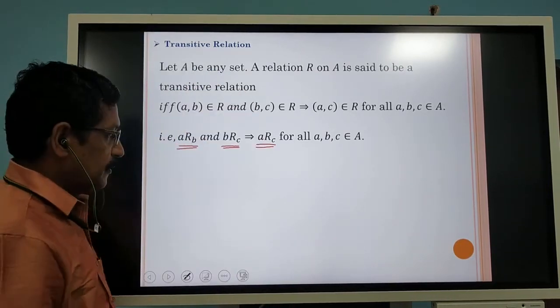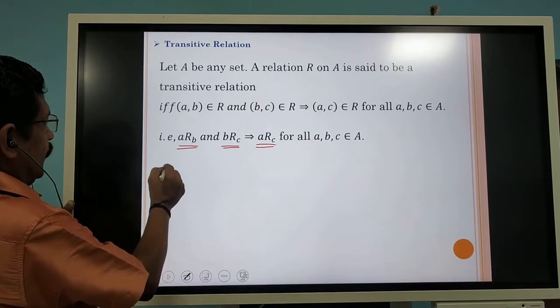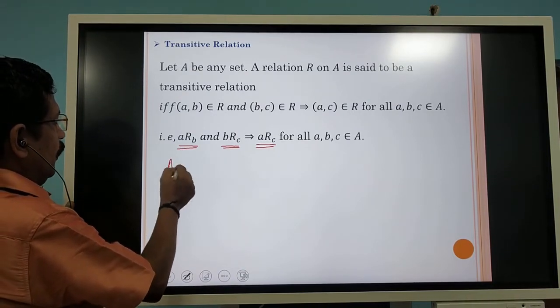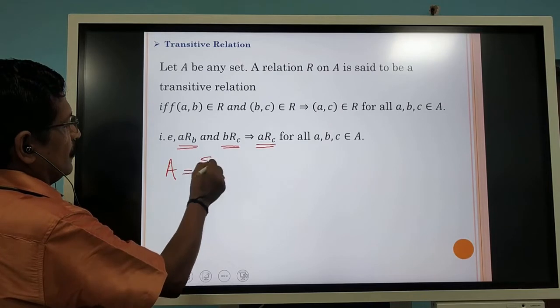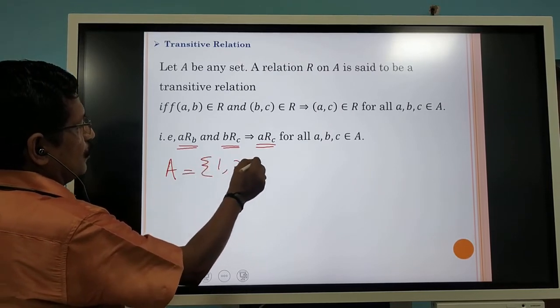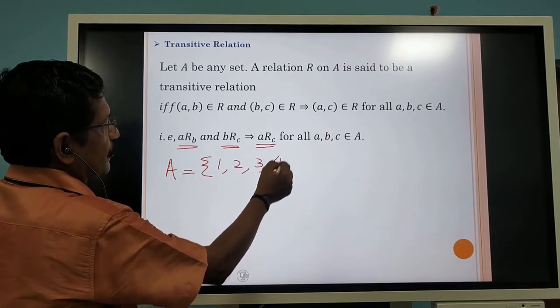We may have one example. Suppose A is equal to the set {1, 2, 3, 4}.